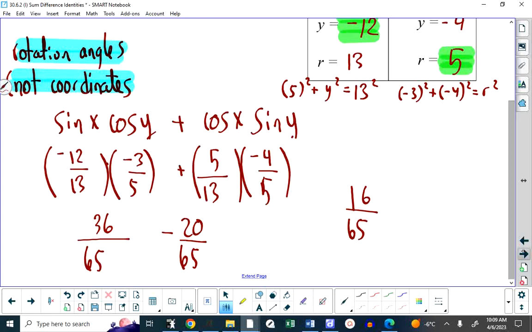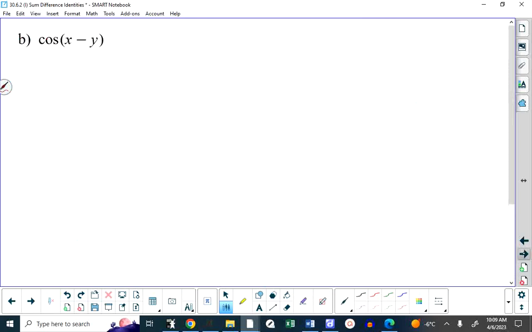Right? So, how are we going to do B? It's the same thing, isn't it? Now I've changed something in your note package, so can you confirm that B is the same as what I have up here? Okay, it's the same thing, it's just that we're going to be using a different identity. This will be cos of angle x, cos of angle y, plus sine of angle x, sine of angle y.